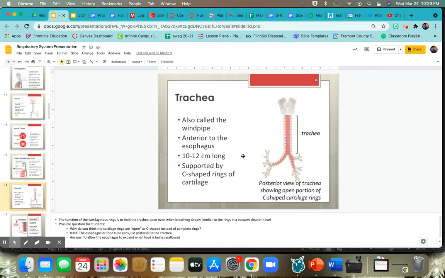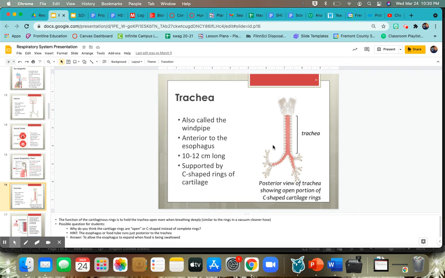It's not super long. It's supported by C-shaped rings of cartilage. They're not bone, but cartilage. The function of that cartilage is to hold the trachea open when you're breathing deeply. Think about when you're sleeping and breathing really deeply, those rigid cartilage rings help hold that membrane open.